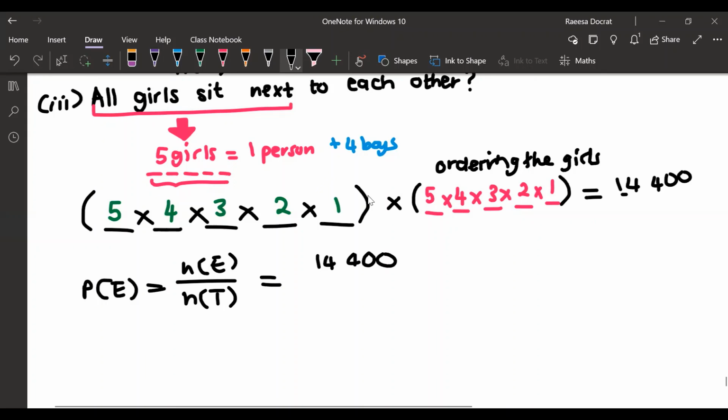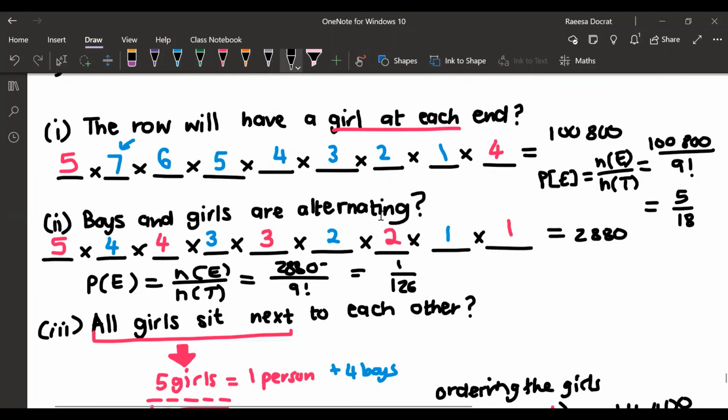So there's 14,400 ways of all the girls sitting together. And then for the total, again, total number of possibilities, that was 9 factorial. And then dividing, we get 5 over 126.